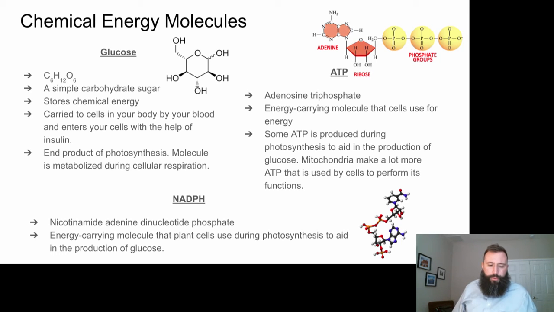So I mentioned prior that photosynthesis is a two-step process. In step one, we're making these two energy-carrying molecules, NADPH and ATP, or we're charging them with energy so that the energy can then be used in part two to actually make the sugars, which we'll talk about later.